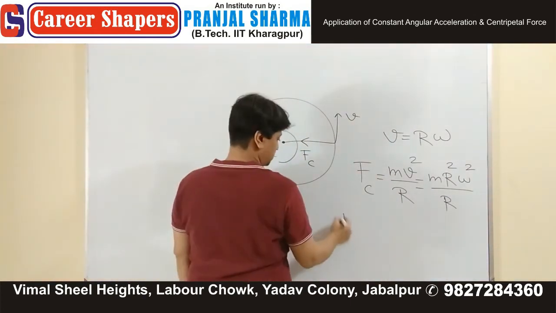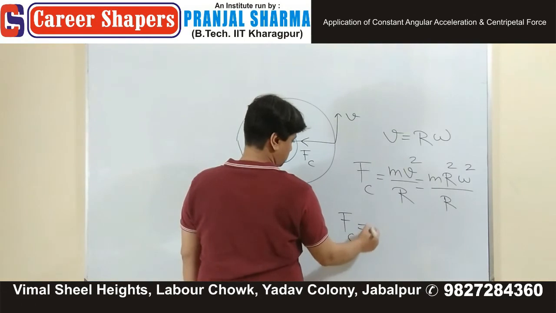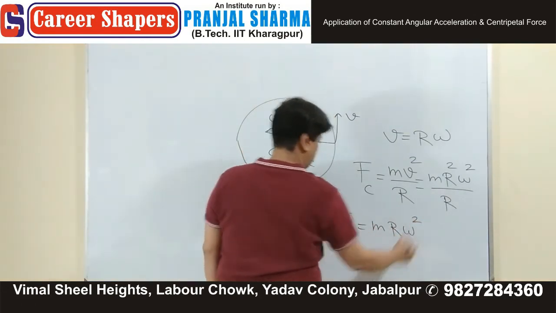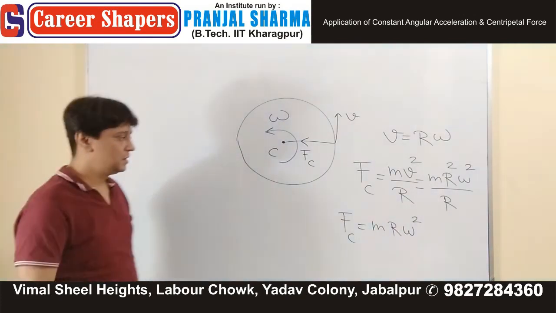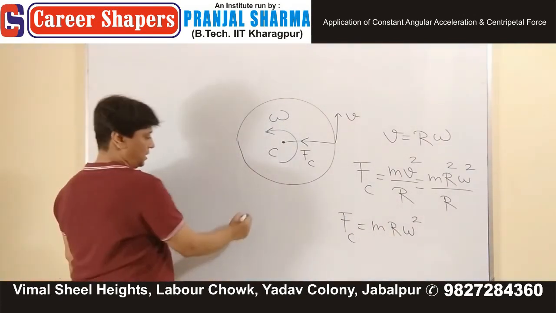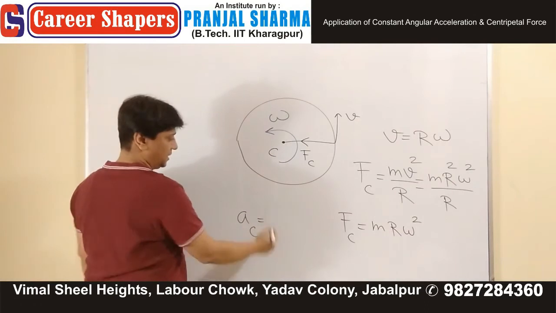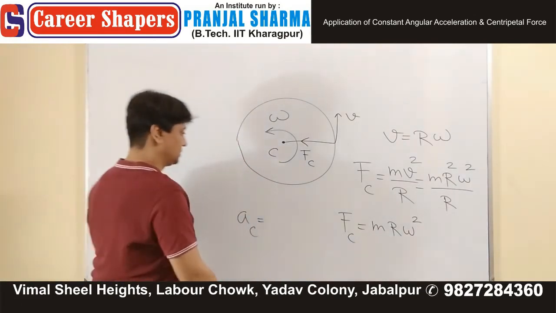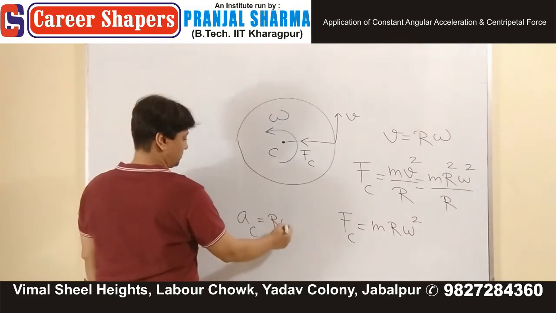This gives us centripetal force as m r omega square. And for AC, what is AC? Force divided by mass, that is r omega square.